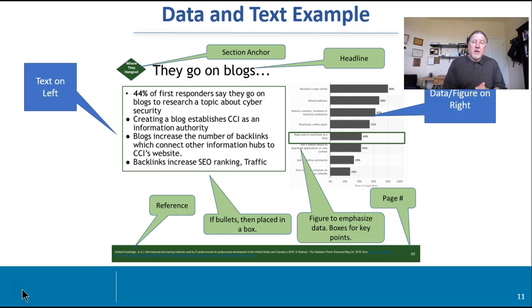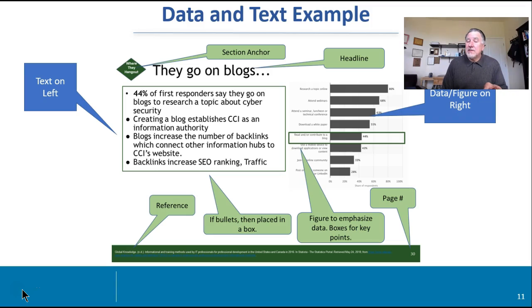Here's one from one of my teams that worked with the California Cyber Security Institute. And what I like about this slide is, number one, they put the text on the left-hand side, and that is best practice from Speaking PowerPoint. They also have section anchors. They have a headline. They put their data on the right-hand side, so that's also a good practice. A figure or a picture should actually be more on the right-hand side when you have text.